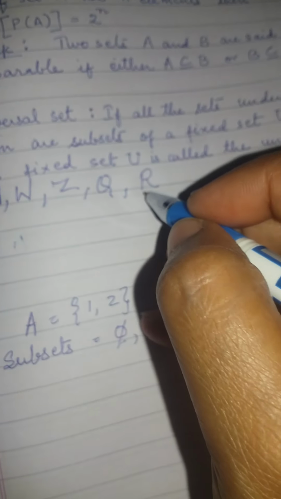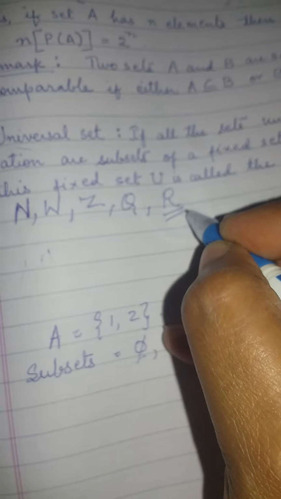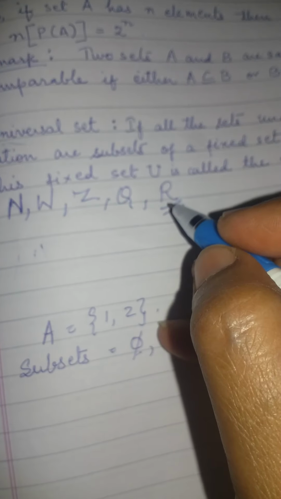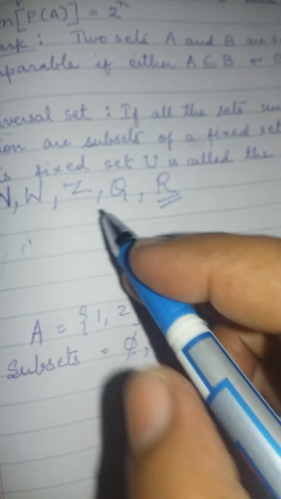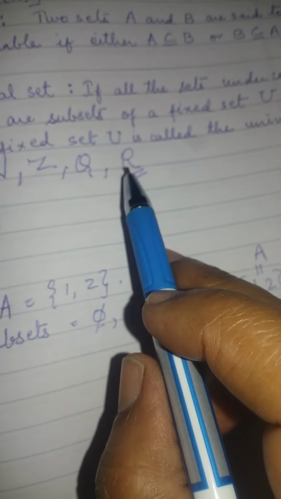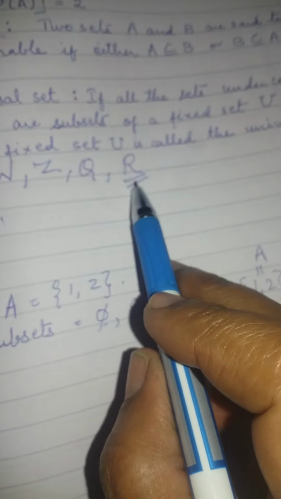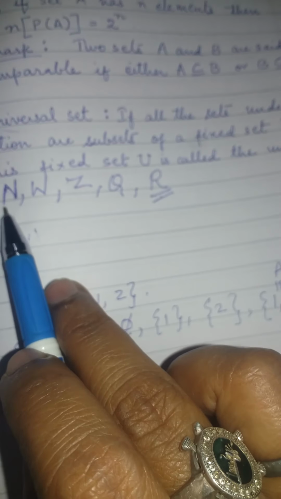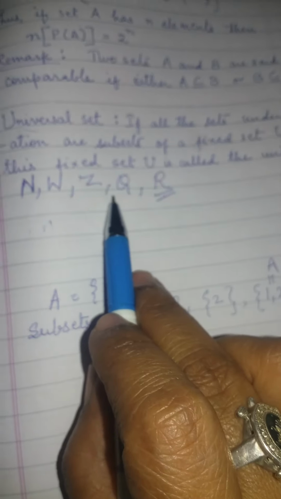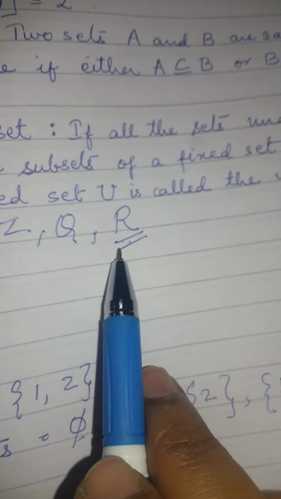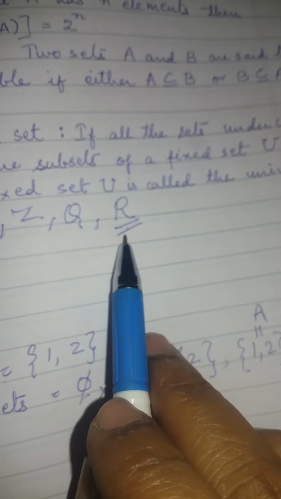So if I consider real numbers, we will say this is the universal set for all these sets, because the set of real numbers is the superset of all these sets, or in other words, these sets are subsets of the real number set. Therefore this will be the universal set.